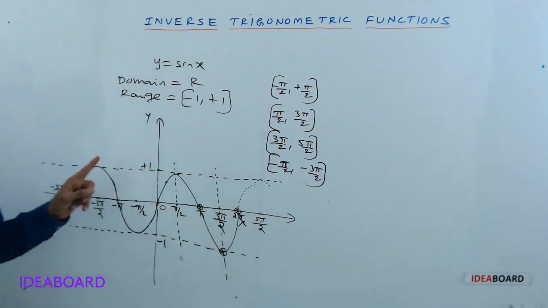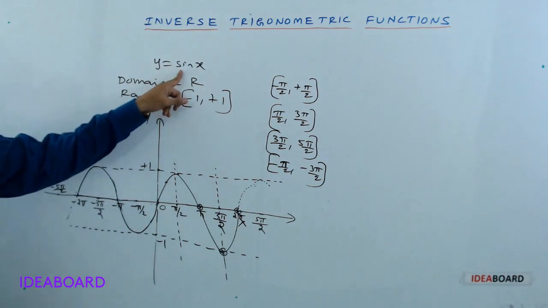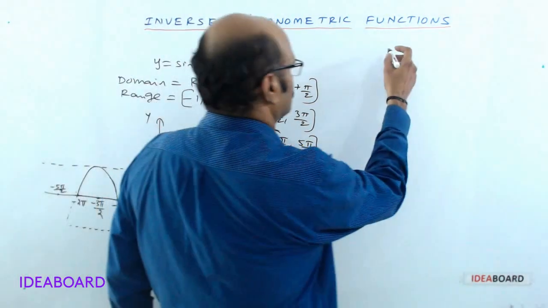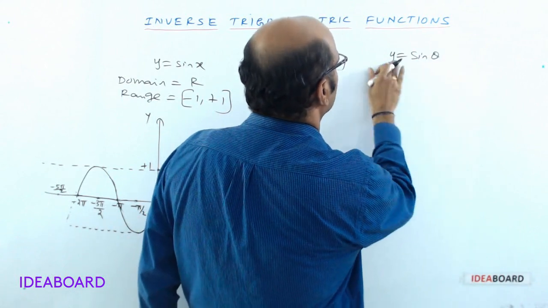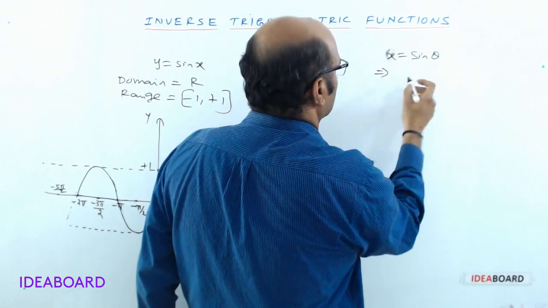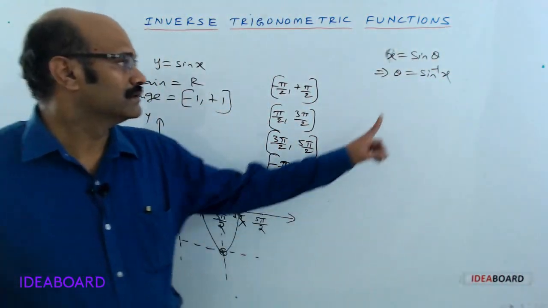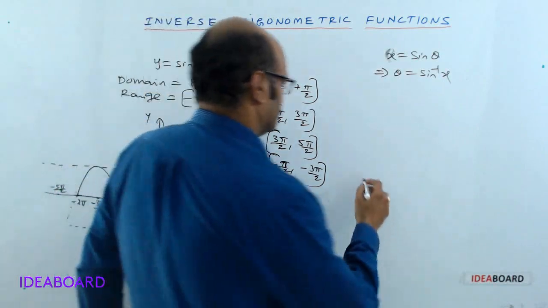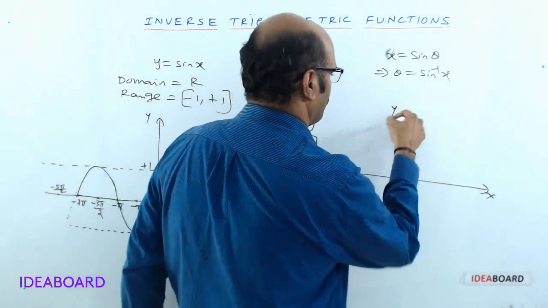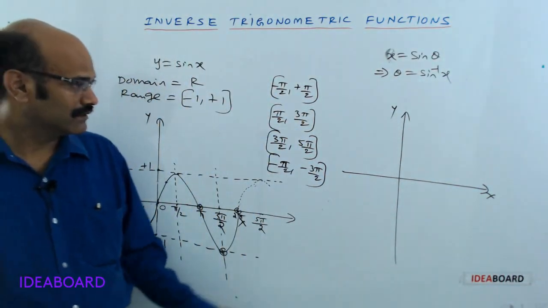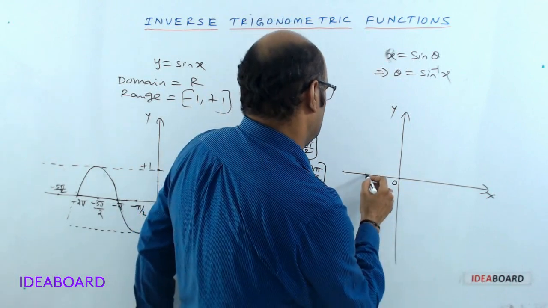Now we have to draw the graph for x equal to sin inverse y. Take y equal to sin theta, then it implies theta equal to sin inverse x. Now the graph has its x-axis and its y-axis.